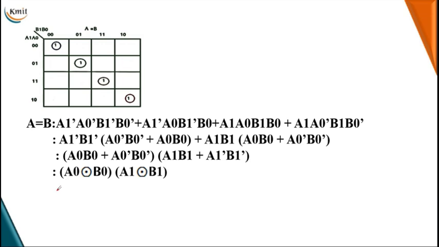So the output expression of A equal to B is obtained by doing the exclusive NOR operation between A0 B0 and A1 B1. These two outputs of the two exclusive NOR gates must be ANDed. That will generate the output functionality of the 2-bit magnitude comparator for equal.